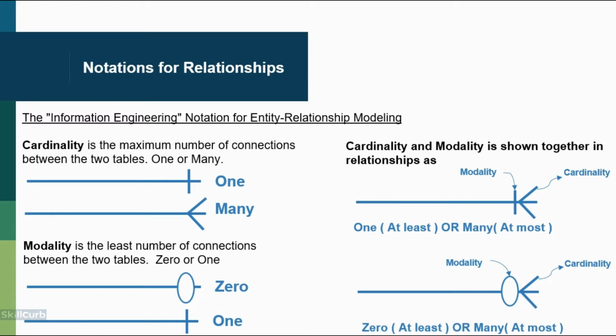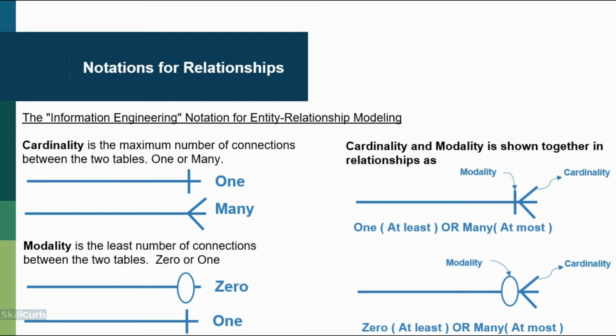Modality is just the least number of connections you can have in a relationship, which is 0 or 1. When you see a relationship in action, you will have both the maximum and the minimum number of relationships those two entities or tables can have. That's why, on the right-hand side, cardinality and modality are shown together.